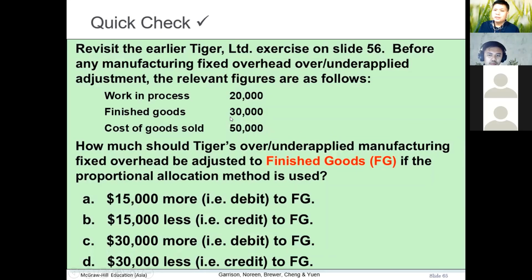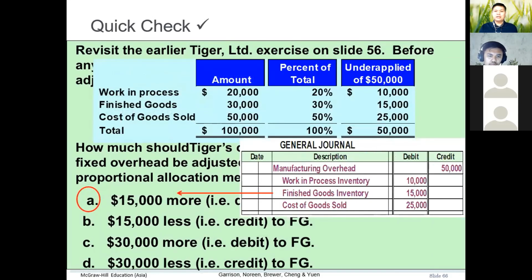Sorry, si Jamaica. 30,000 over 100,000 po. Correct. 30,000 over 100,000, multiplied by 50,000. So, will you get what? 15,000, Jamaica. So, ito yung allocation.